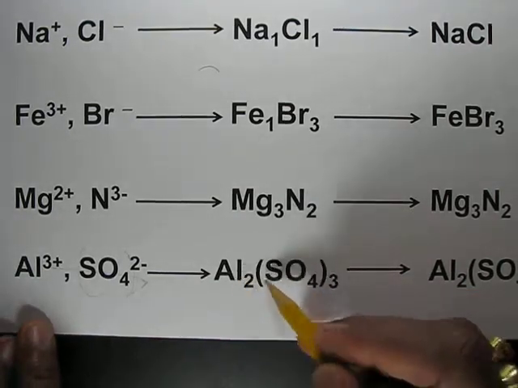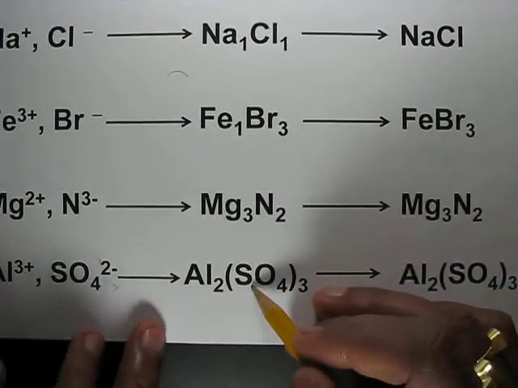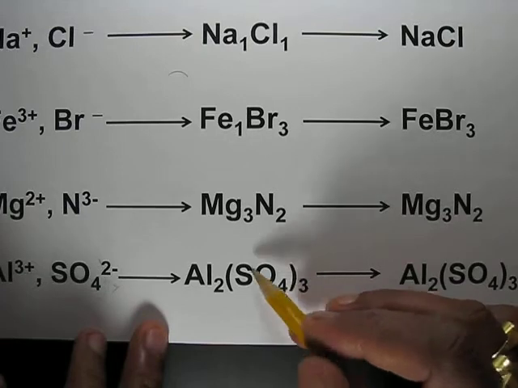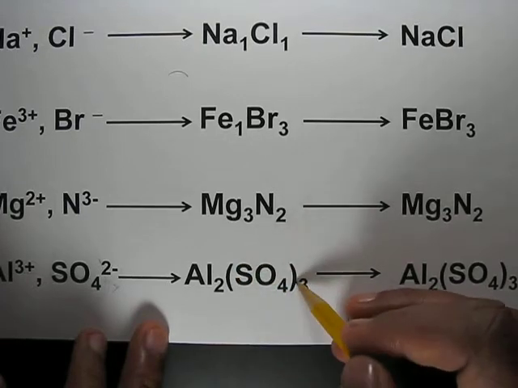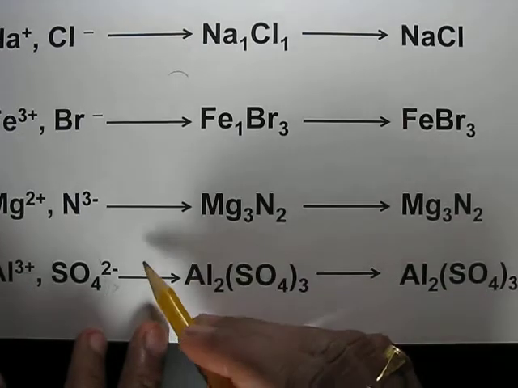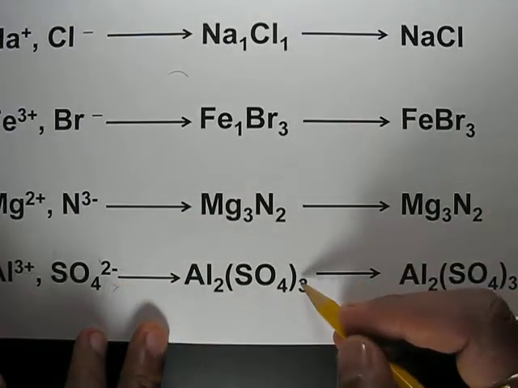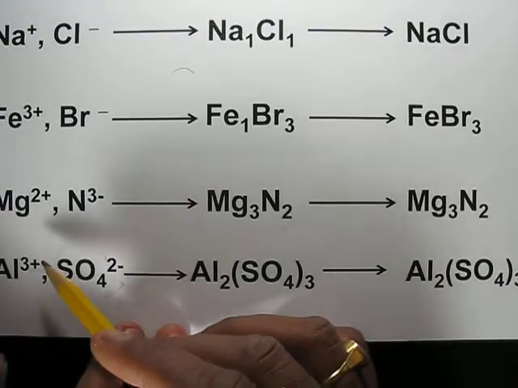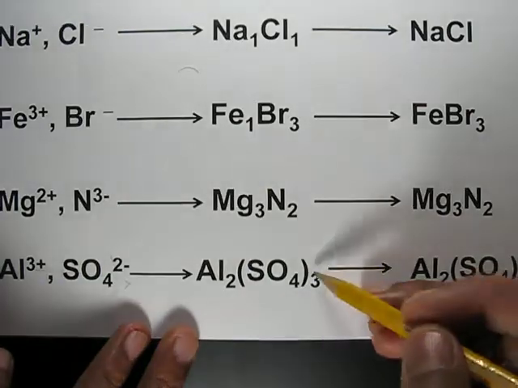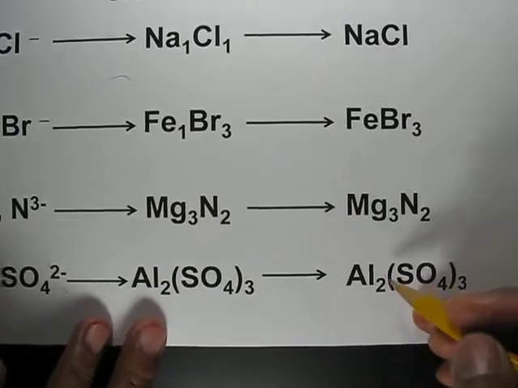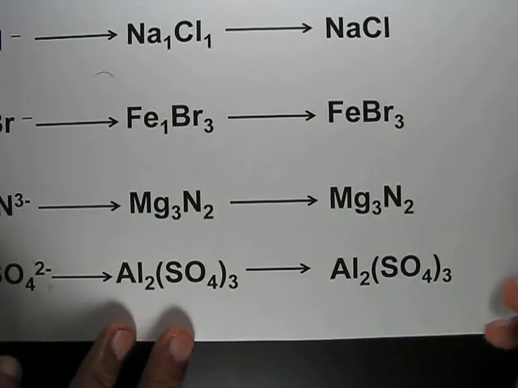So this becomes aluminum 2, and then sulfate 3 you have to put in parentheses, and you need not write any charge because you are writing 3 from the cation charge as a subscript. So this will be dialuminum trisulfate.